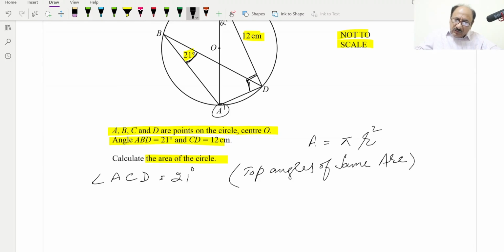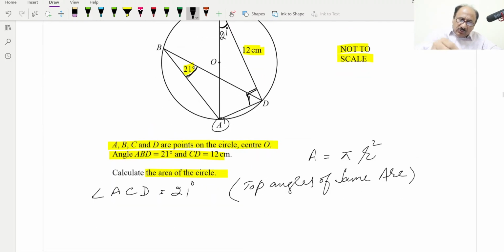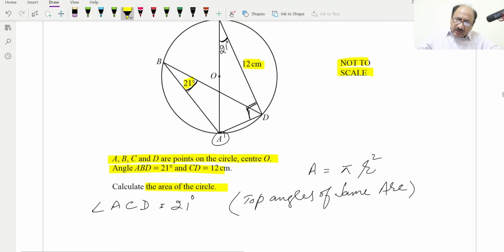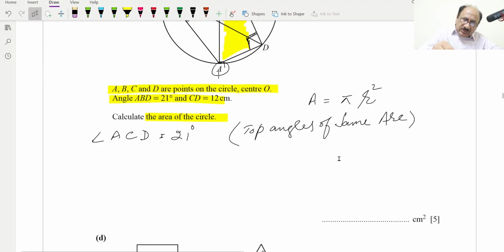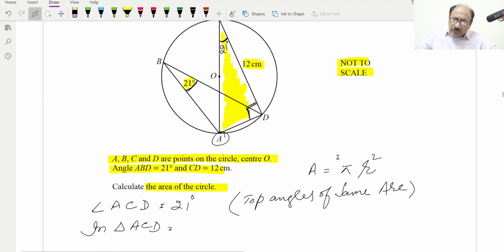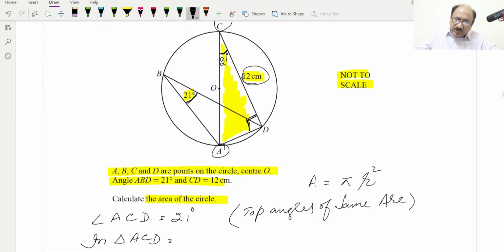Now we can consider this triangle ACD, and in triangle ACD, opposite over hypotenuse, basically not opposite, adjacent over hypotenuse. This will be adjacent and hypotenuse will be AC.